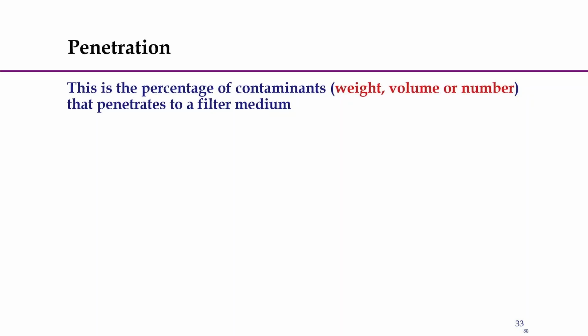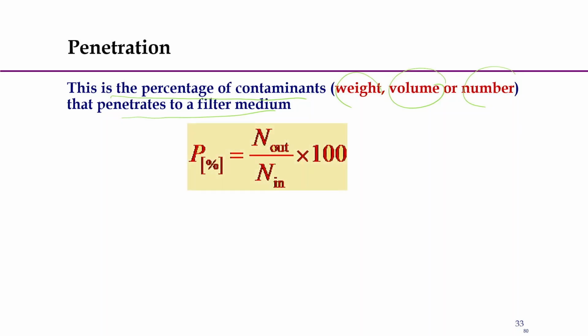Next is penetration. Penetration is the percentage of contaminants, maybe in weight, volume or number, that penetrates the filter media. That means whatever is coming out.